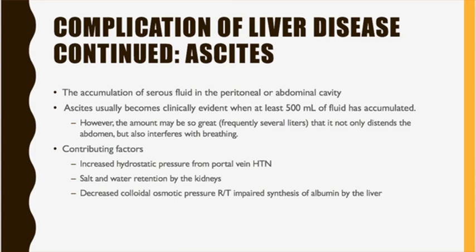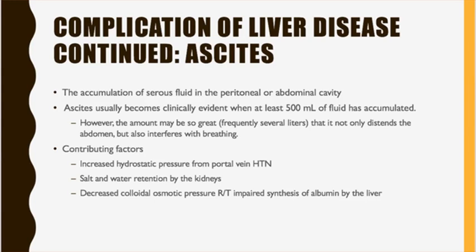All right, so ascites usually becomes clinically evident when there's at least 500 mLs of fluid that have accumulated. And then the amount can be so great, I mean, several liters. I've seen patients where they've drained just bottles and bottles of fluid. But when they have that fluid in there, it's not only going to distend the abdomen, but it interferes with breathing.